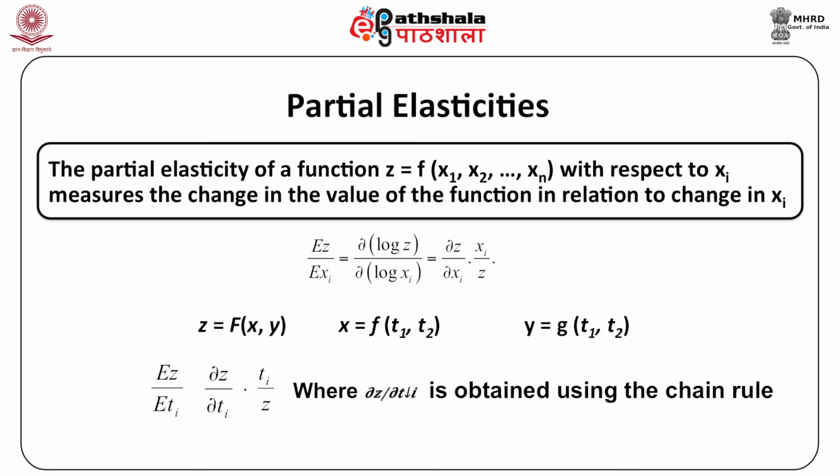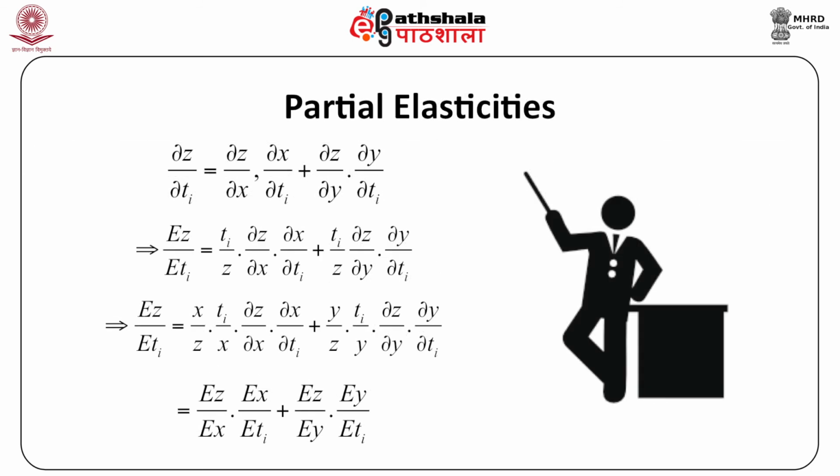Then Ez/Et1 = (∂z/∂t1)·(t1/z), where ∂z/∂t1 is obtained using the chain rule. ∂z/∂t1 = (∂z/∂x)(∂x/∂t1) + (∂z/∂y)(∂y/∂t1), which implies that Ez/Et1 = (t1/z)(∂z/∂x)(∂x/∂t1) + (t1/z)(∂z/∂y)(∂y/∂t1).